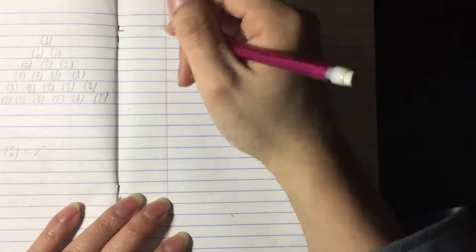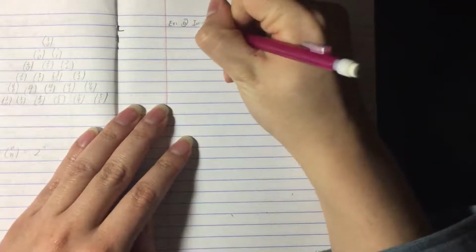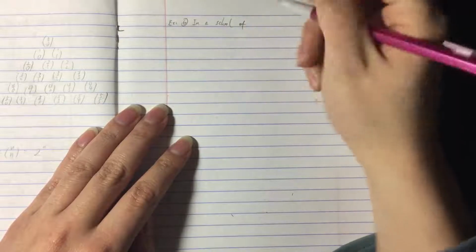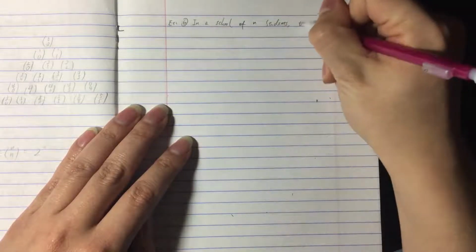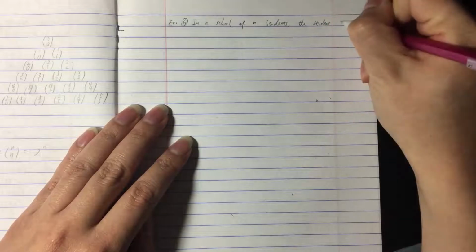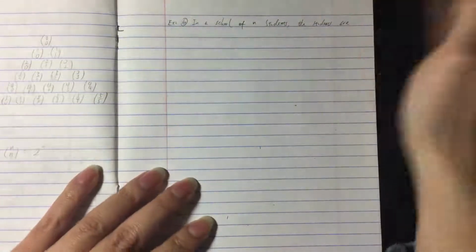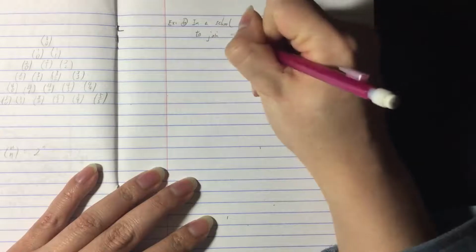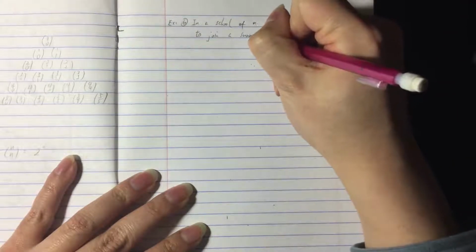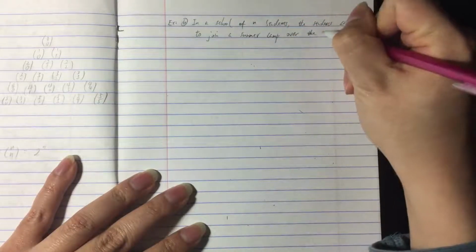Is this always true? Let's look at another example. In a school of n students, the students are asked to join a summer camp over the summer break.